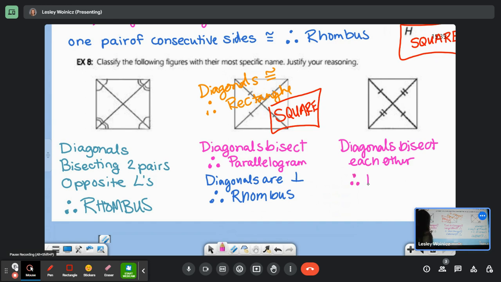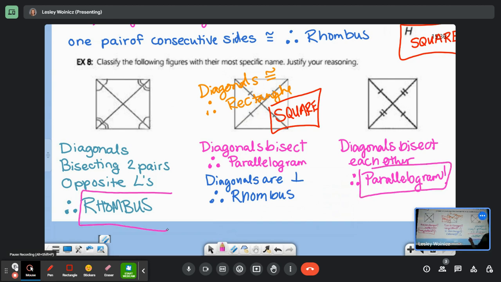Therefore, parallelogram. Do we know anything else? No. That's all we know. It wasn't supposed to be a trick question. So this one's a parallelogram, middle one's a square, first one was a rhombus. All right, that's all she wrote.